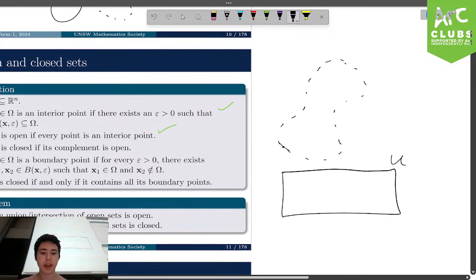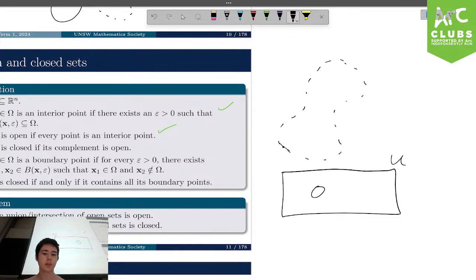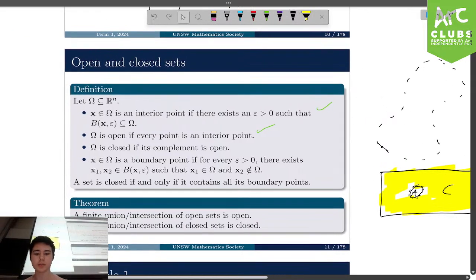If I have the set of this circle, I'll just call it A, the complement is everything on the outside, okay? So that's going to be the dotted boundary around that circle and everything else, right? It doesn't go inside the circle. All right, so we'll give that a tick.